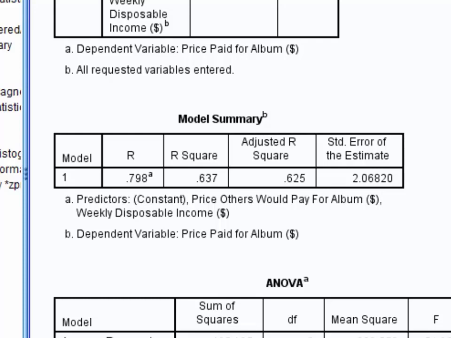Because the model's not perfect, and we already know that these variables can only account for about 64% of the variance in prices paid, any predictions made with it will be off or inaccurate to some degree. The standard error of estimate is a measure of how much we'd expect predictions to be off on average. So on average, we would expect that any predictions made using this model will be off by an average of $2.07.